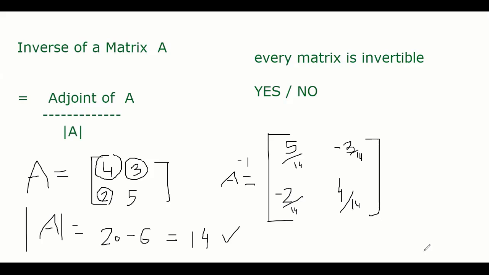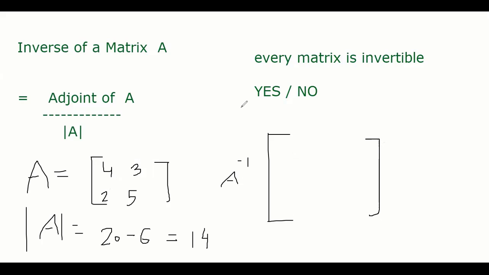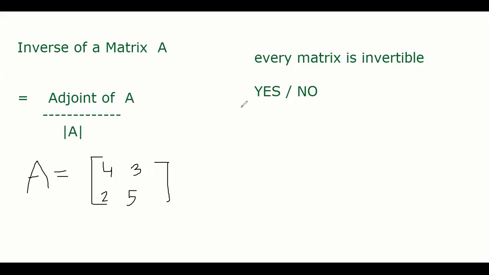For example, instead of this question, if I had changed the values of matrix A, say my matrix is 4, 3, 8 and 6.